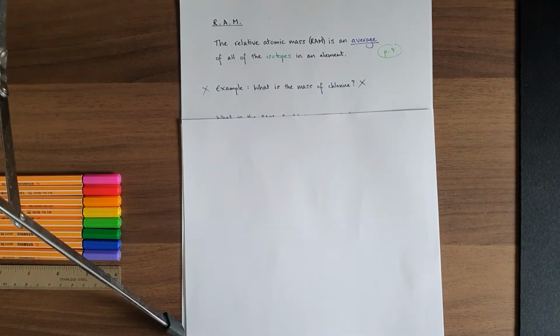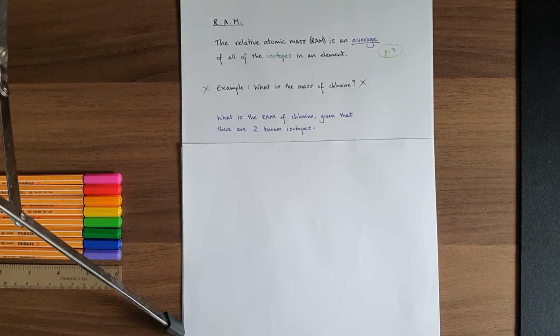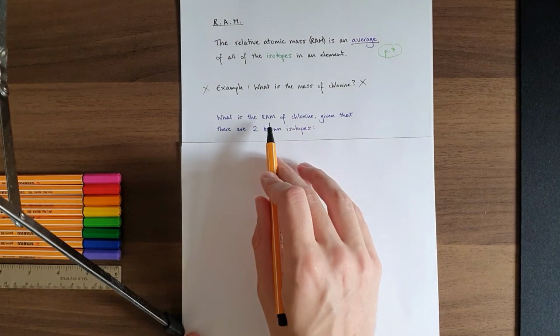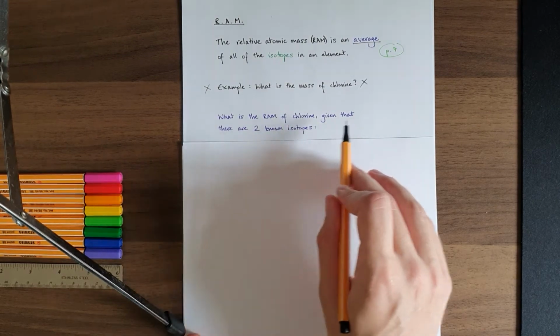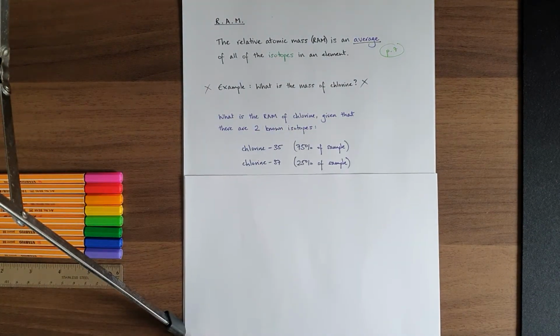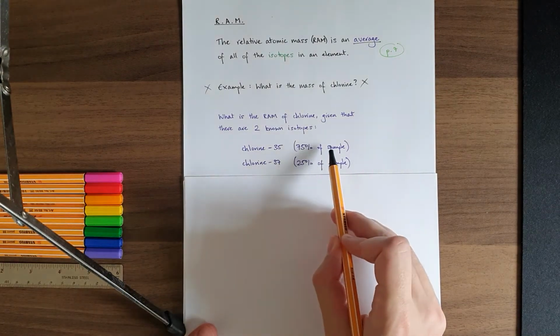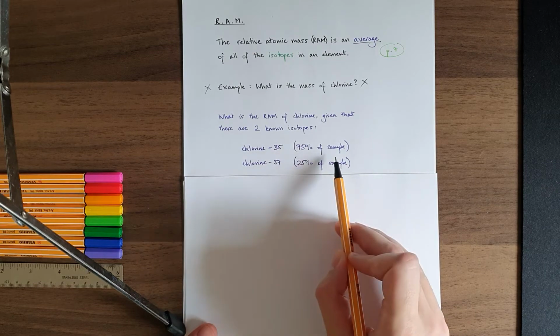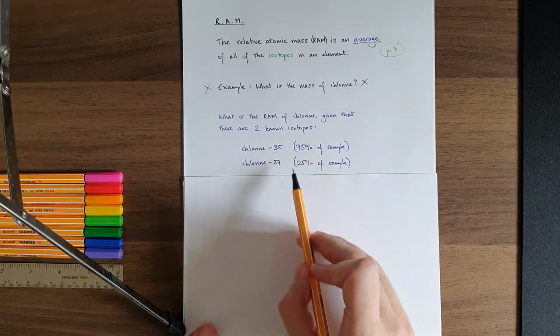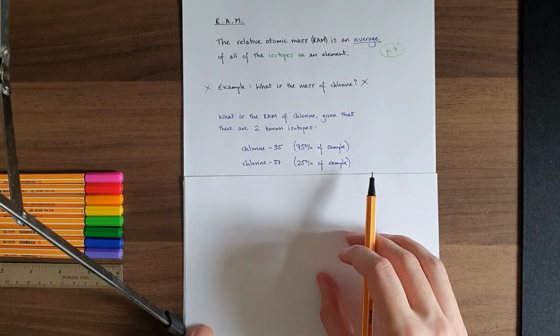What would be a better question would be something like this. What is the RAM, or what is the relative atomic mass of chlorine, given that there are 2 known isotopes? And here they are. Chlorine 35, which makes up 75% of a sample of chlorine, and chlorine 37, which makes up the remaining 25% of a sample.